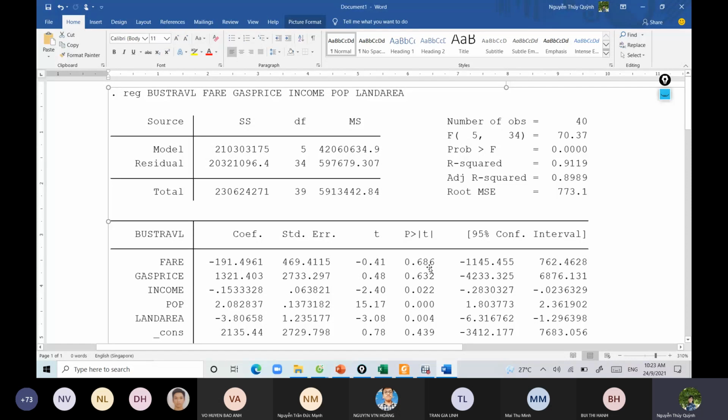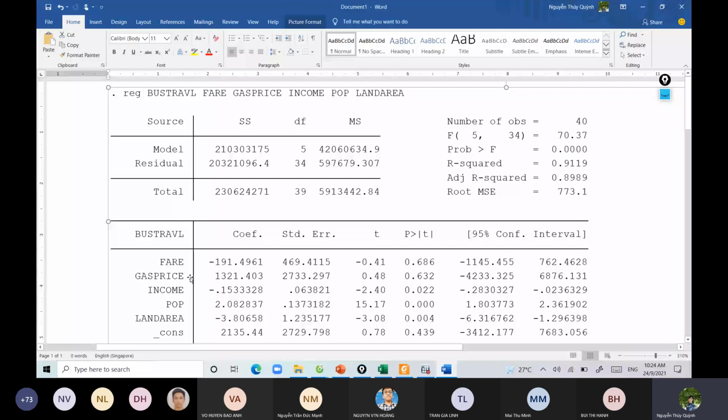0.686 and 0.632. Okay, so compared to the level of significance, which is 5%, 0.05, these p-values are larger than the level of significance. So we can say that we cannot reject the null hypothesis that the regression coefficient on these independent variables is equal to 0.